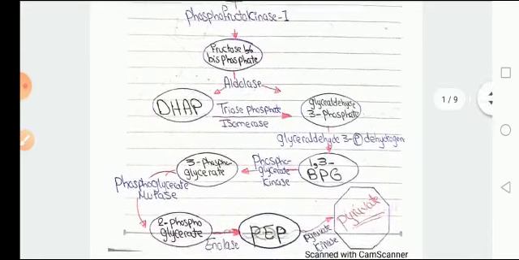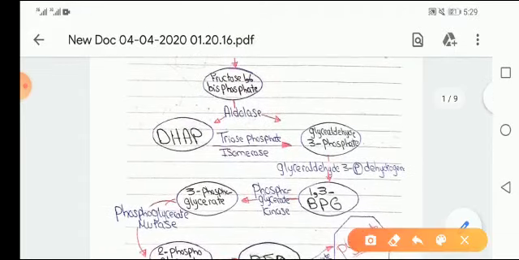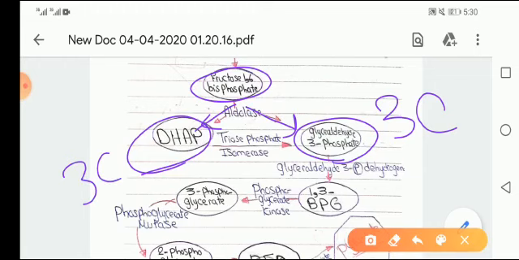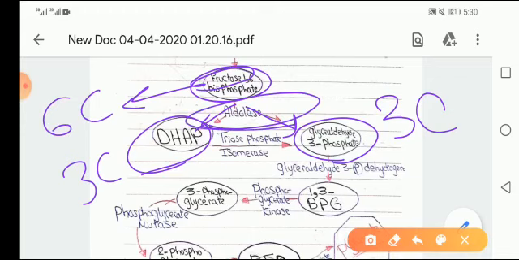Then fructose 1,6-bisphosphate is cleaved into 2 molecules: glyceraldehyde 3-phosphate and dihydroxyacetone phosphate. Both of them are made of 3 carbon atoms. Actually, fructose is made of 6 carbon atoms. This reaction is catalyzed by aldolase.